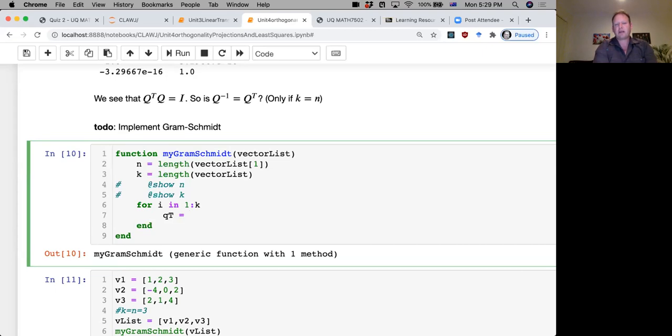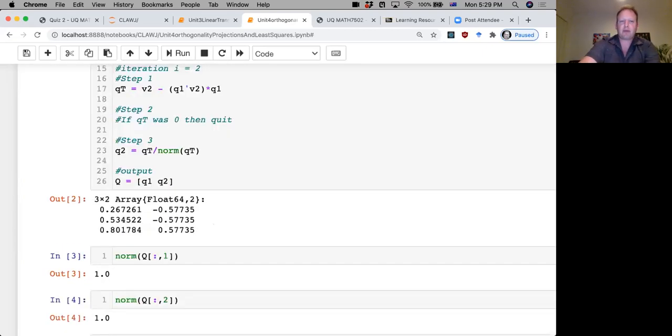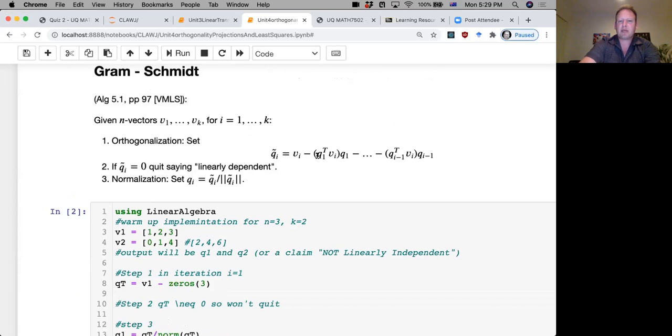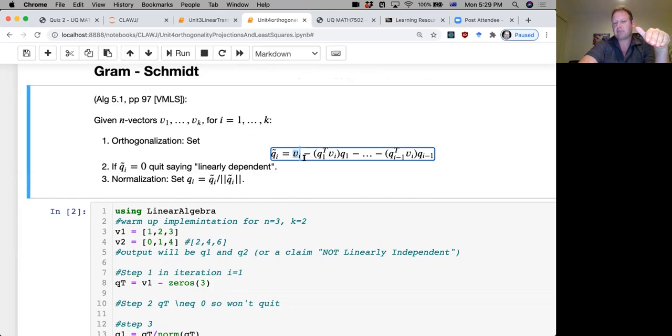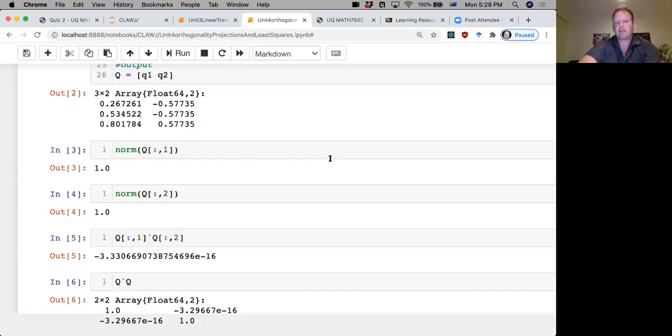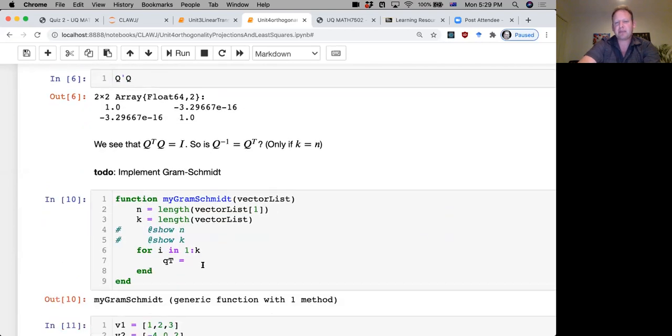So q tilde, if we remember, is going to be the kth vector. It only depends on the previous q's and on the current vi. So let's be a bit brave.